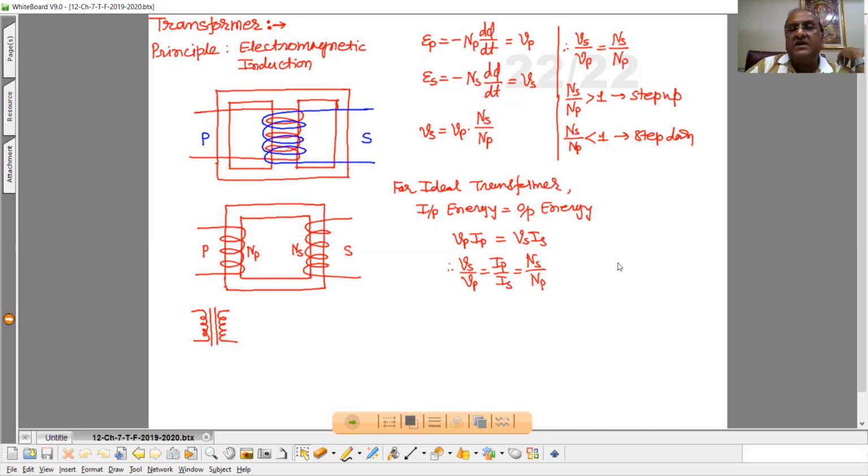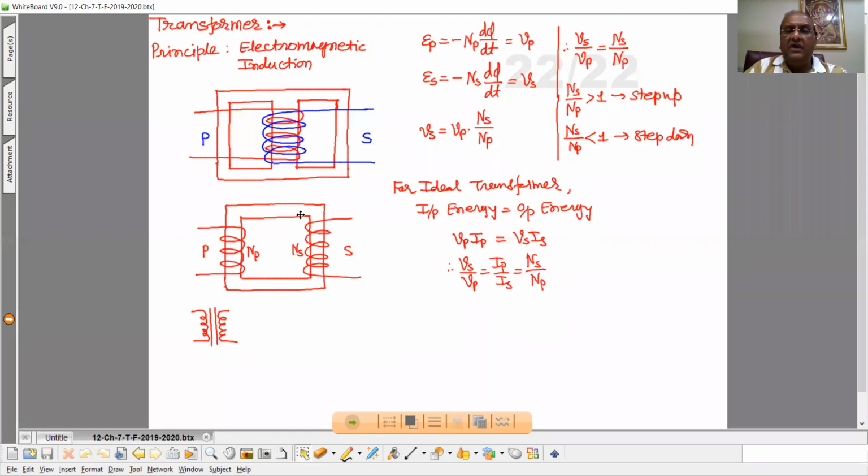Now its construction. Suppose, as shown in this figure, sometimes this type of shape of the core, which is made of soft iron, is taken. Or sometimes this type of rectangular or square iron core is taken.